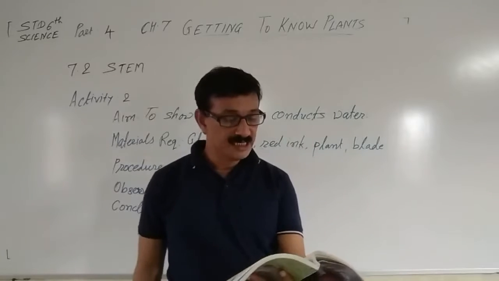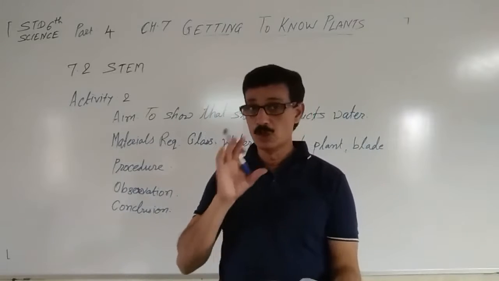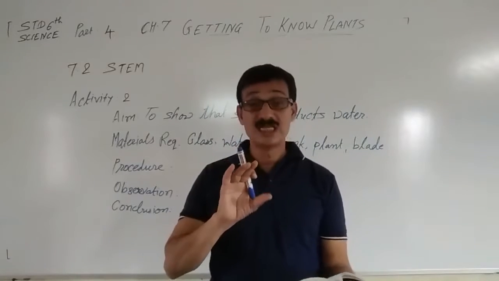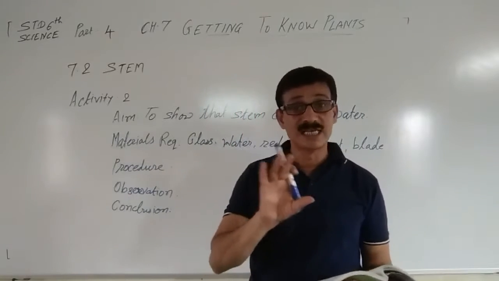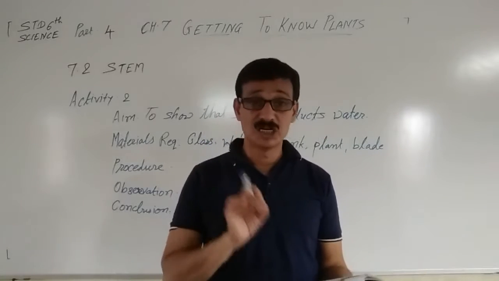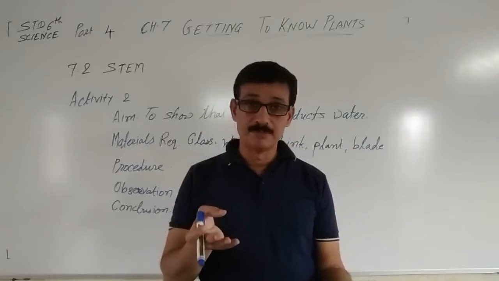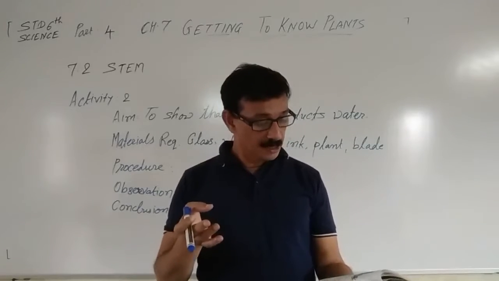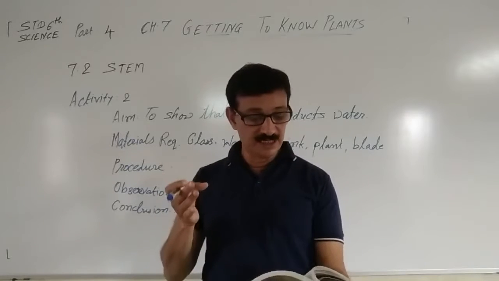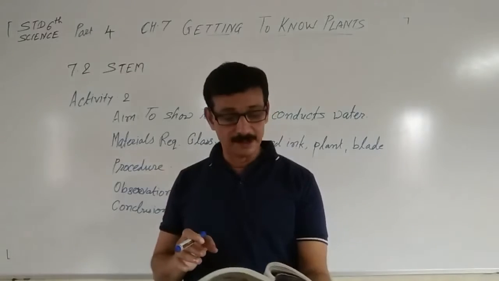Observe closely the stem of different plants around you. Note down different structures, parts borne by the stem. Compare your observation with that of your friends. What do you find?